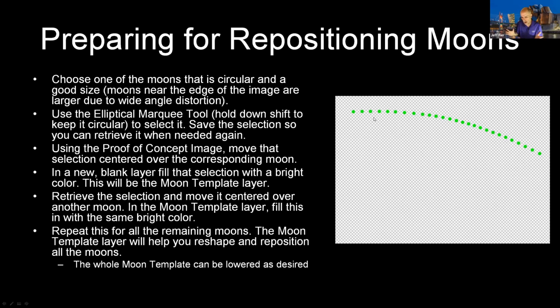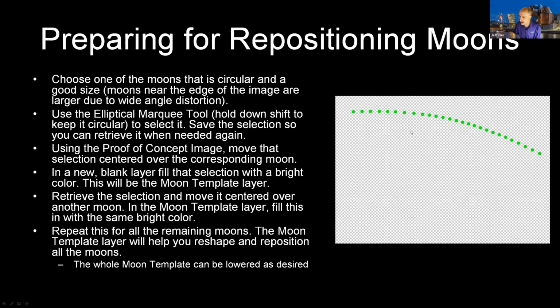Finally, since I've got this template of the moons, and since these moons are all high up in the image, and as it turns out, when I crop the image to something more standard, I have pre-cut mats that I like to use for the pictures that I print out. If I left these moons up as high as they came from the prototype image, the proof of concept image, when I cropped that down to fit in a 3:2 aspect ratio mat, those moons would be right up against the top edge, and that's just too tight.